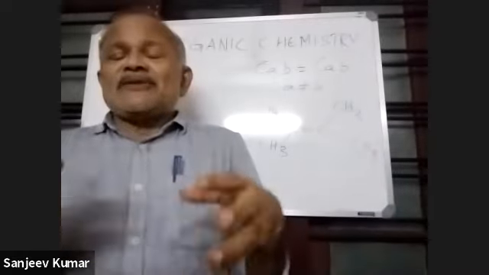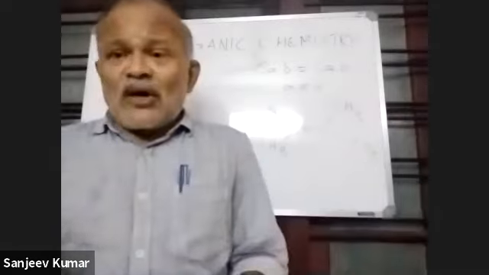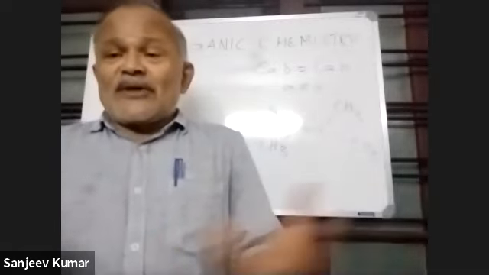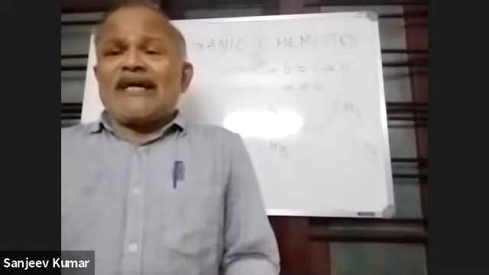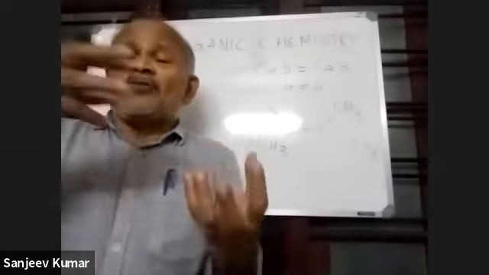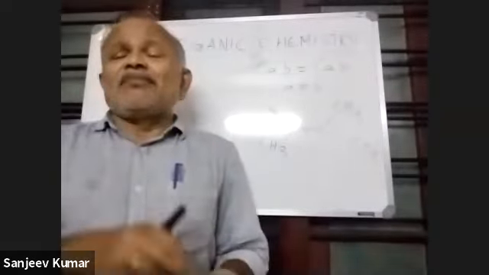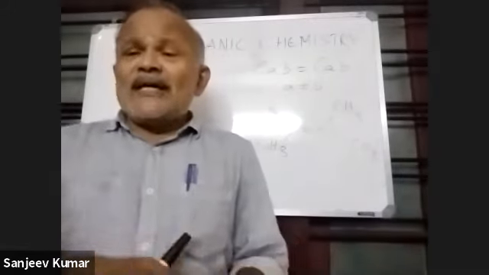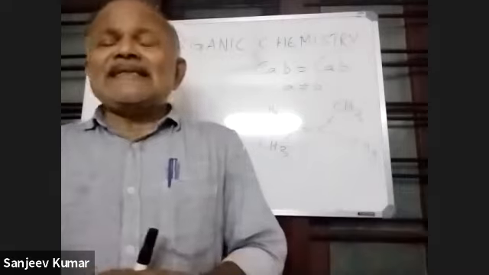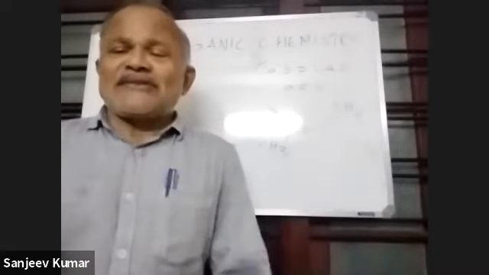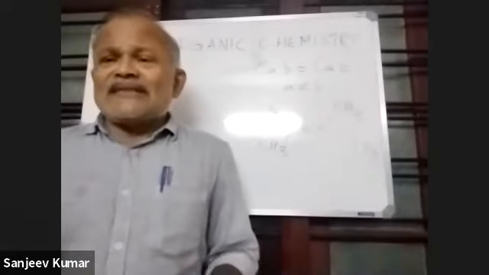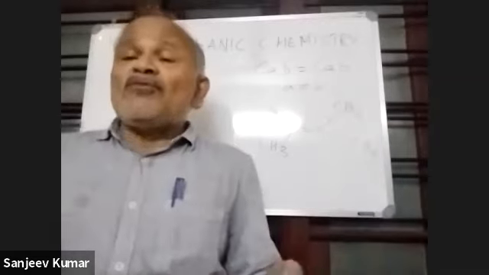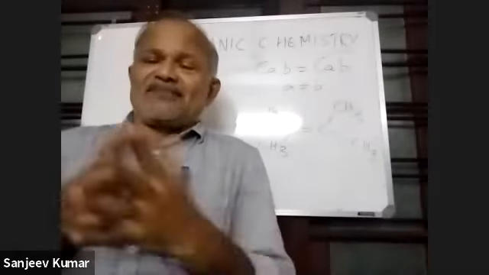If you use aqueous alkali, sodium hydroxide dissociates to give Na+ and OH-. OH- is a nucleophile. It will attack the positively charged carbon center and remove the halide ion. You will get alcohol. An alkyl halide, when treated with aqueous alkali, gives alcohol, which is an example of a nucleophilic substitution reaction.